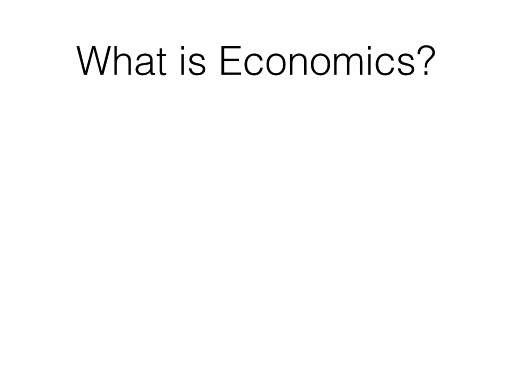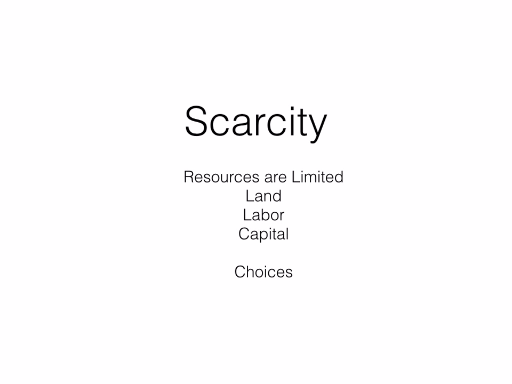So the first concept that we have to look at is scarcity. Scarcity is talking about those limited resources. So in economics, resources are land, labor, and capital. Okay, we're simplifying it down into three things. Land, we understand that land is scarce, right?